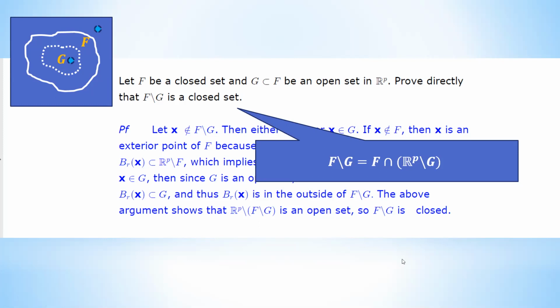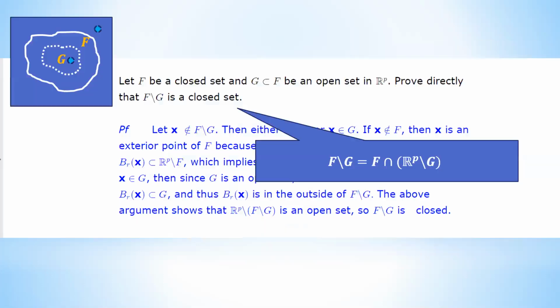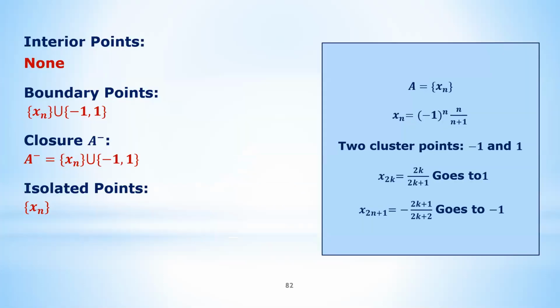Okay, all right, so let's continue on. The second one has a sequence. This is one of the things we reviewed the other day. Think about a sequence, okay? An example is x_n equals (-1)^n over n plus 1.